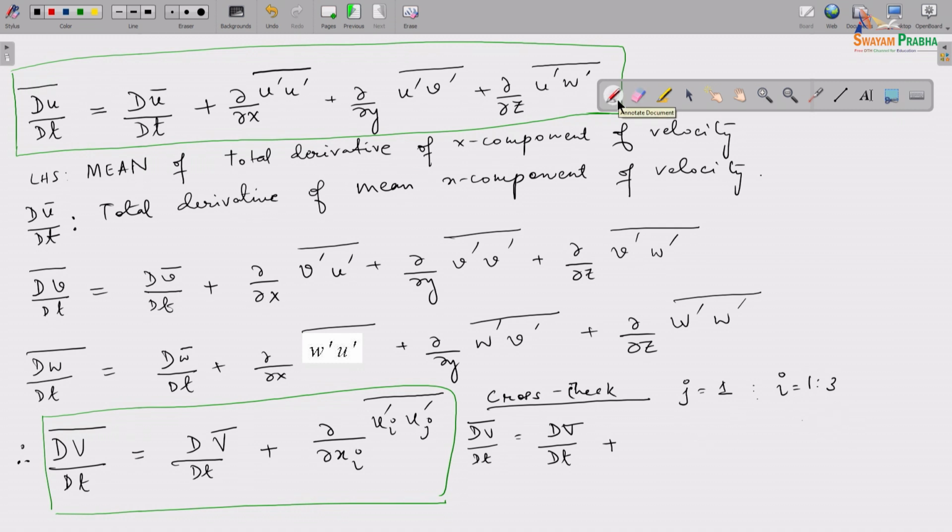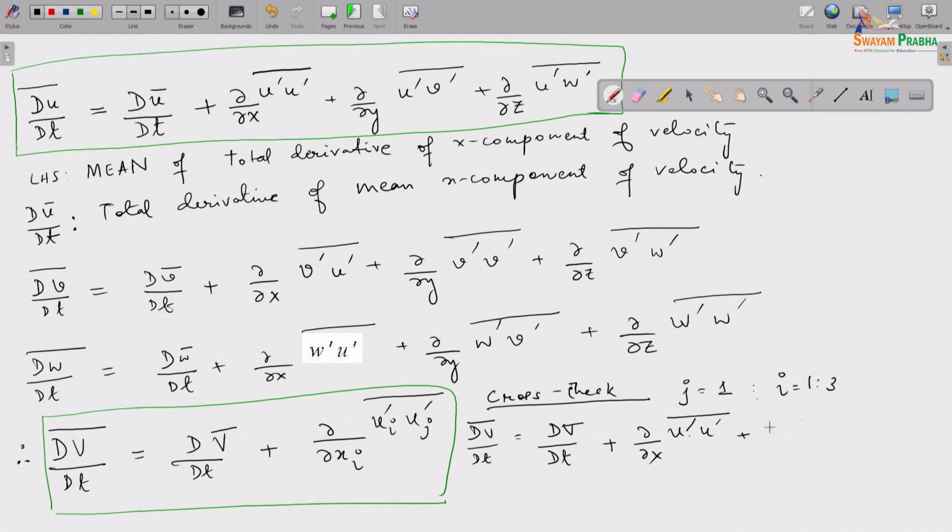Okay. So, then if j is equal to 1, right, and i goes from 1 to 3. So, then it is del del x. So, x 1 is x, right, and I have i is 1. So, it is u, okay, and j is also 1, which is again u, and I have this.